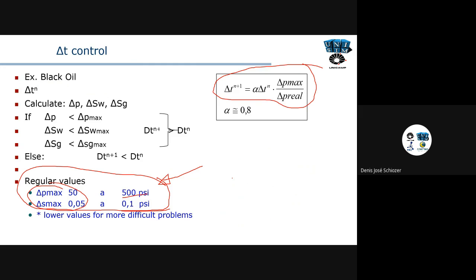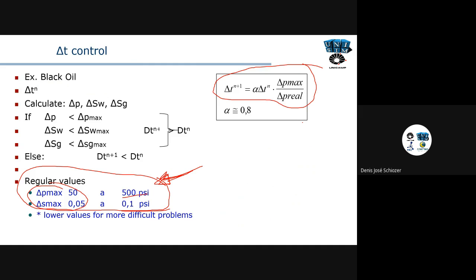Okay. If you want a more precise solution, you use smaller values for maximum pressure and saturation, so the time step will be smaller. Okay. So you don't have to care too much about this control, but you have to inform this to the simulator. And now, again, be aware that the simulation has a lot of defaults, right?